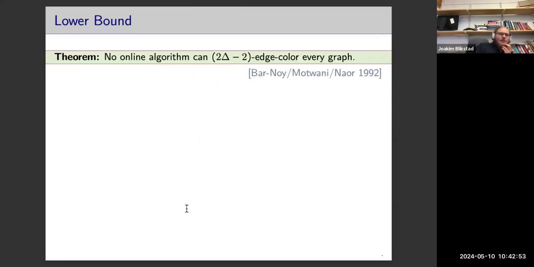So there was this paper saying greedy is optimal for online edge coloring, more than 30 years old, and they show that you cannot even beat greedy by a single color, like by 2 delta -2 edge colors. The construction is very simple actually.